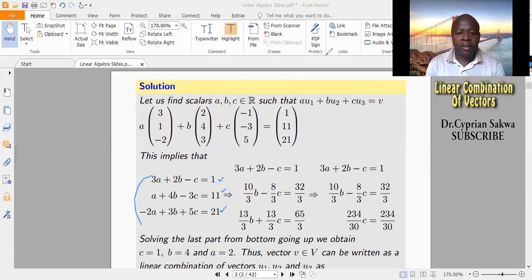So we have this system of linear equations, and in our previous video, we learned how to solve systems of linear equations. So we will solve this by row reduction and see whether we can find the value of A, the value of B, the value of C. I can write this in matrix form, but I decided just to work with them the way they are in equations.